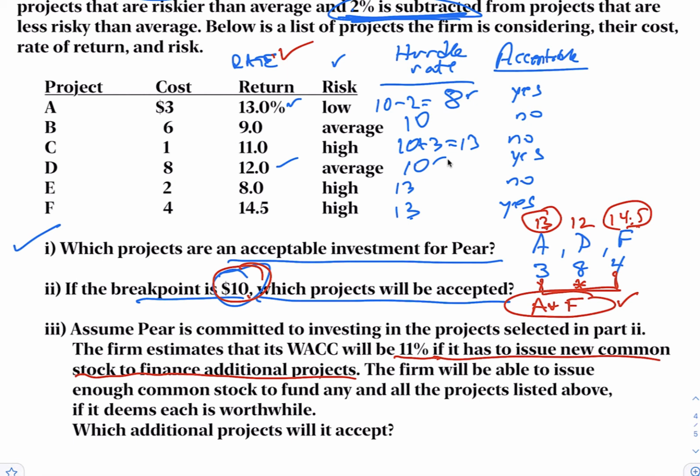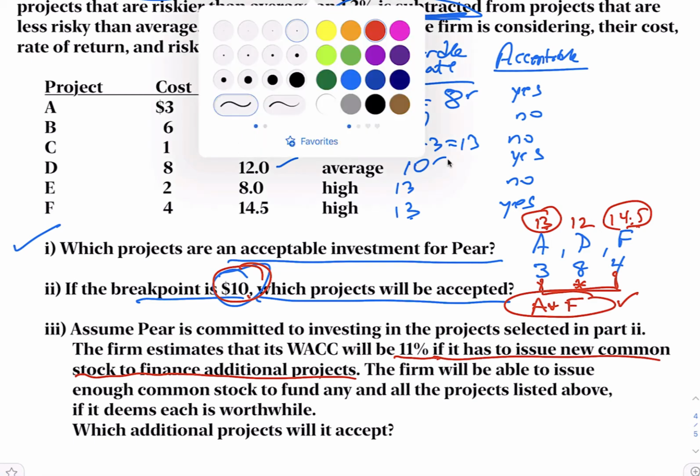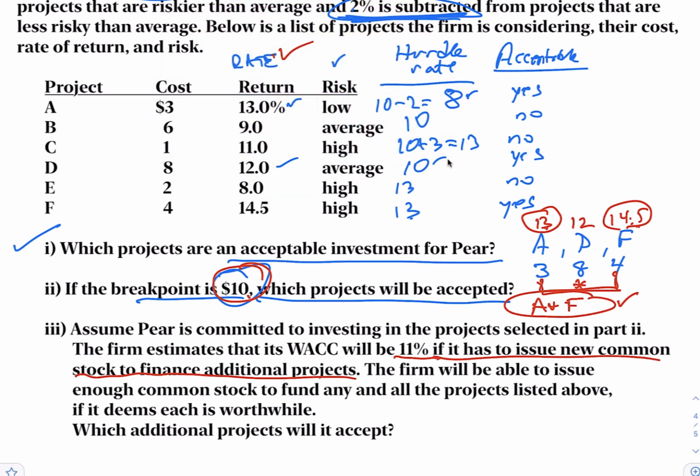Well, now it has a new hurdle rate, and I'll put it in this color here. A new hurdle rate based on the fact that they have to issue new common stock. And the hurdle rate's going to be the same hurdle rate that we had before, but up 1. And before we go further, we can cross out B, because that's not acceptable.